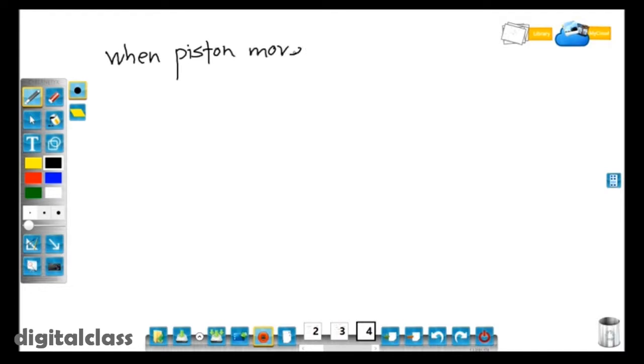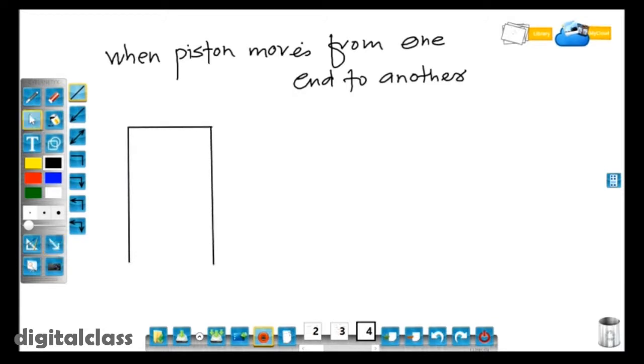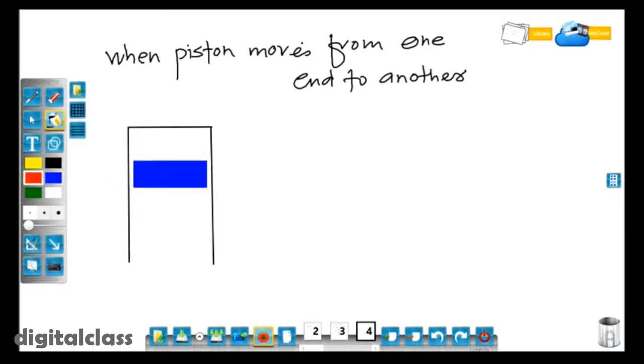When the piston moves from one end to another end, means from TDC to BDC or from IDC to ODC. Here this is a vertical piston and cylinder arrangement. Both piston and cylinder are shown in the figure.